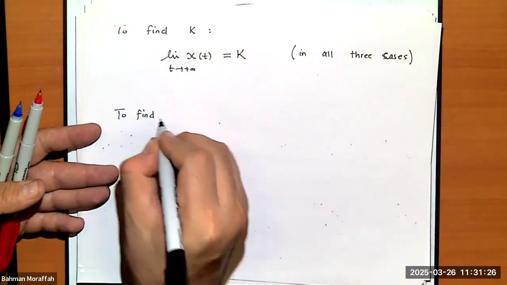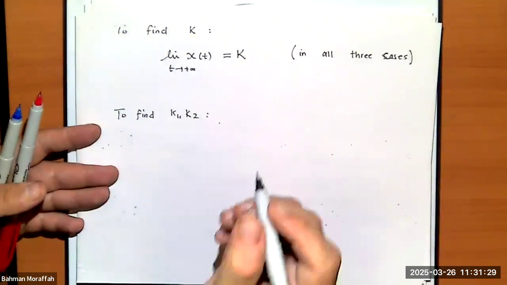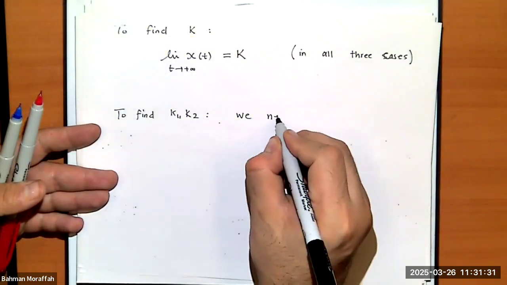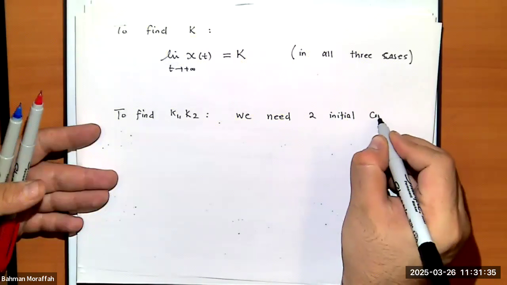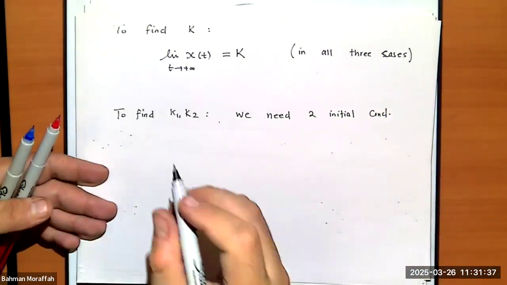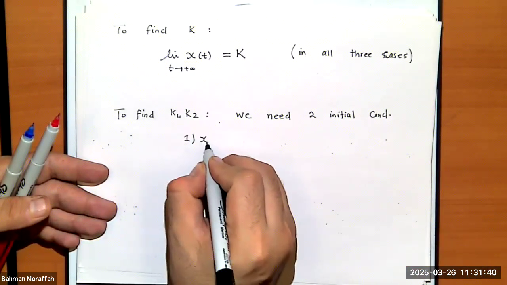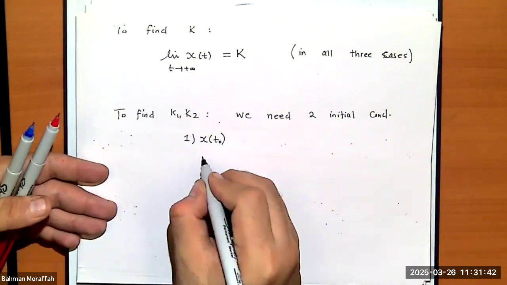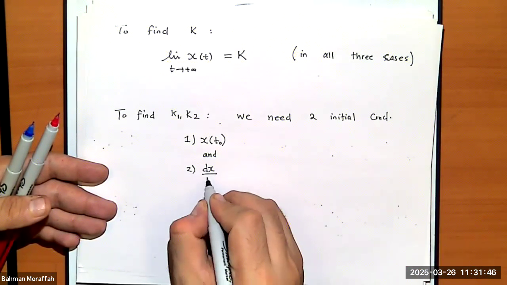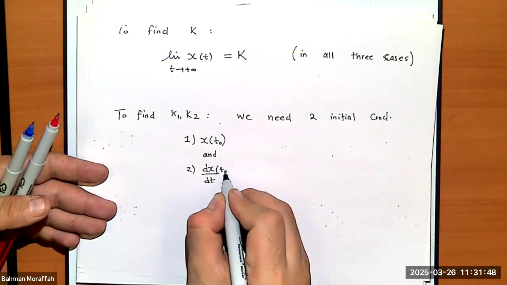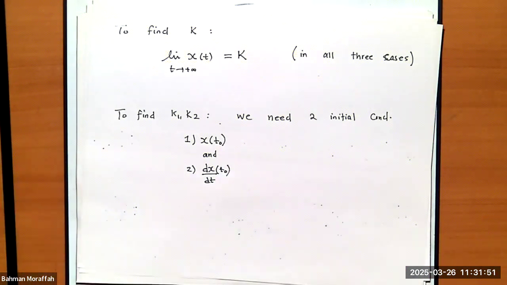To find k1 and k2, we need two initial conditions. So we basically need x at time t naught, and, for example, dx/dt evaluated at time t naught. Right? For us, in most cases, this t naught is 0 plus.